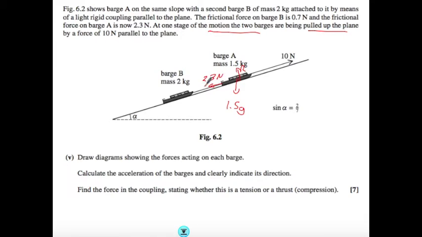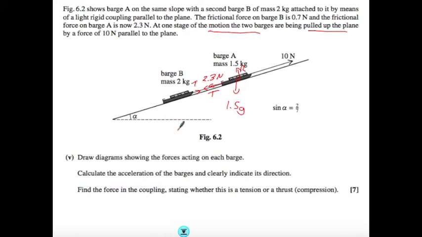And then we've also got the tension in this rope. Now remember with tension, the tension's always the same no matter where you are. So the tension pulling down on barge A is going to be the same as the tension pulling up on barge B, which we can worry about in a minute. So going down from barge A, we've got the 2.3 and T, and then we've also still got this 10 newtons, which is just some force that they haven't specified.